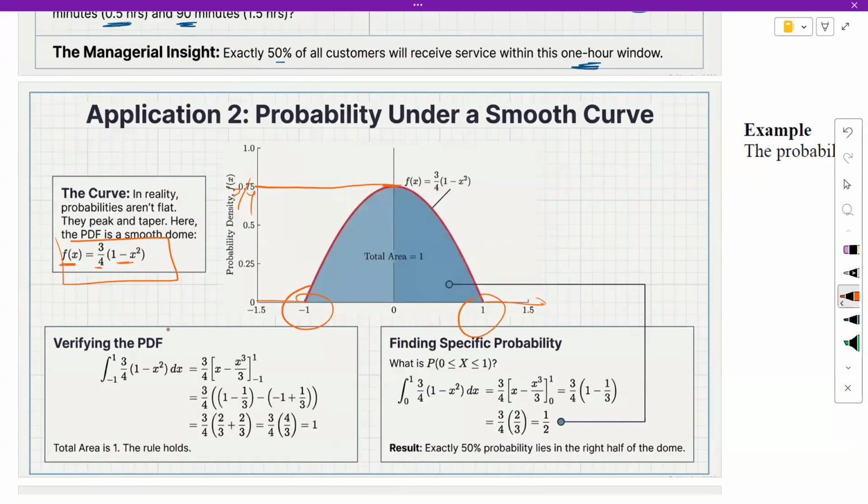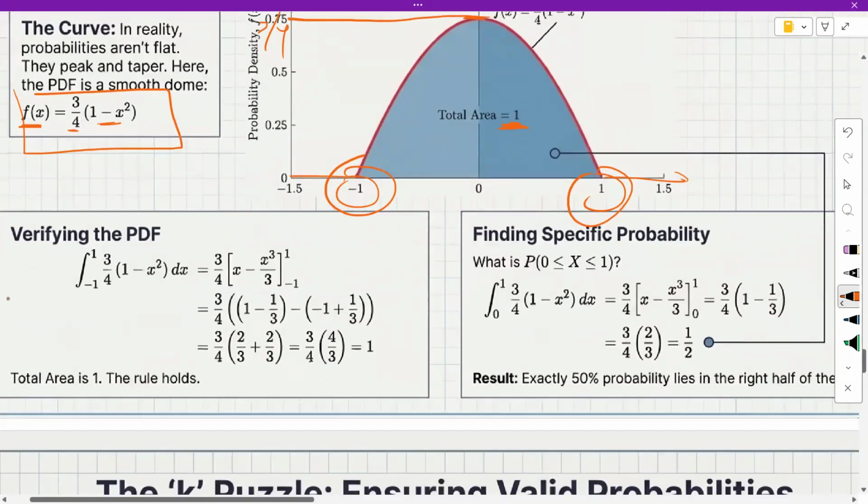Now we need to verify that the area under this curve, in the range from -1 to +1, should be equal to 1. How do we verify? The minimum point is -1, maximum point is 1, and the integrand is 3 over 4 times (1 minus x square) dx. If we find the primitive, we can bring the constant k, 3 over 4, outside.